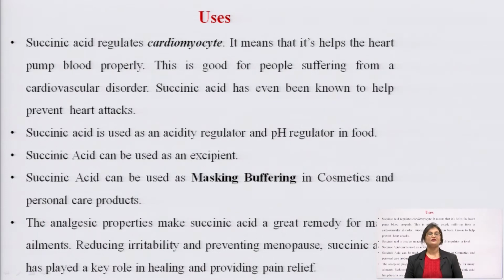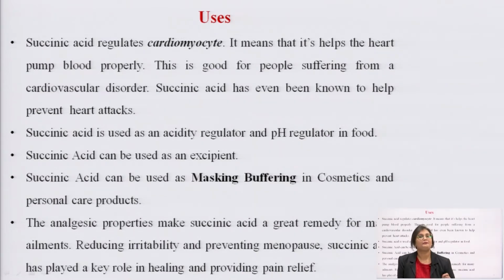Now, moving on to the uses of succinic acid. Succinic acid regulates cardiomyocytes. It acts as a cardiomyocyte regulator. It means that it helps the heart pump the blood in a proper manner.